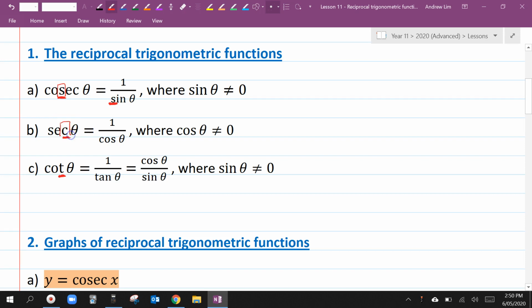The third letter of secant is C, so that pairs with cosine. And the third letter of cot is T, so that pairs with tan. Okay, so these are the three reciprocal trig functions.